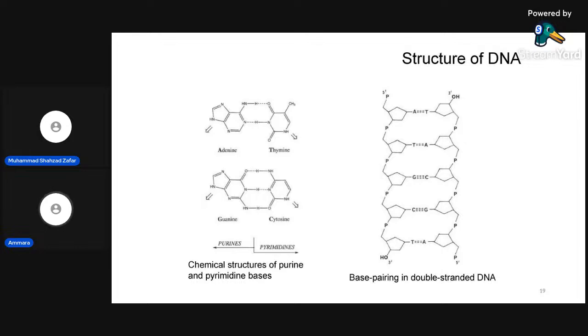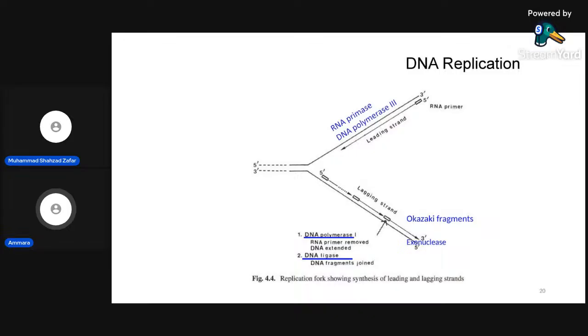Here you can see the pentose sugar, that is ribose sugar in the case of RNA, and in the case of DNA, that sugar is deoxyribose. Why do we call it deoxyribose? Because on the second carbon of that pentose sugar, the hydroxyl group is absent. So due to the absence of the hydroxyl group on the second carbon in the case of DNA, that sugar is called deoxyribose, and in the case of RNA that sugar is called ribose.